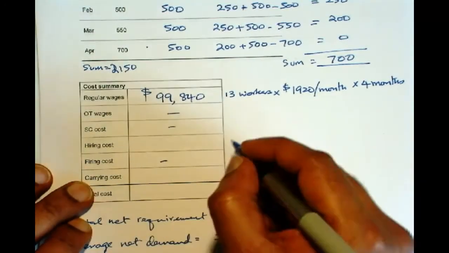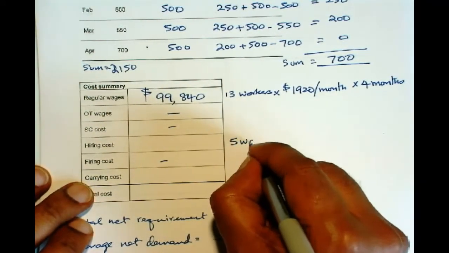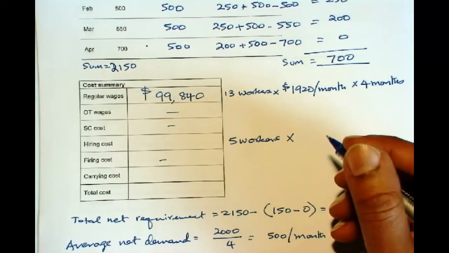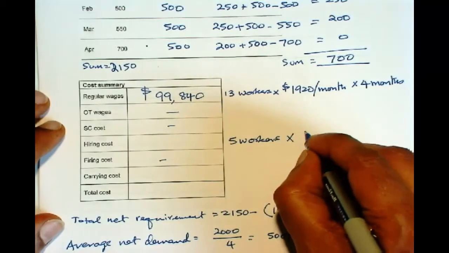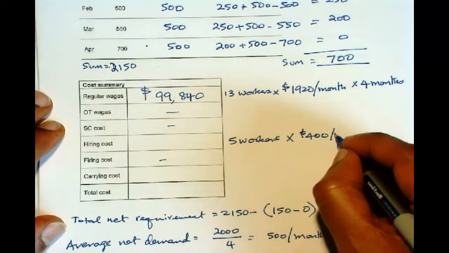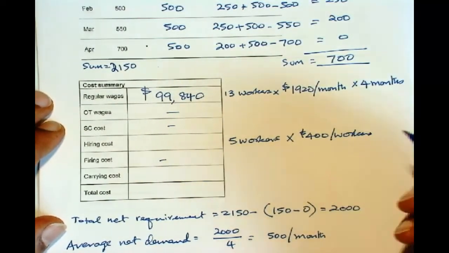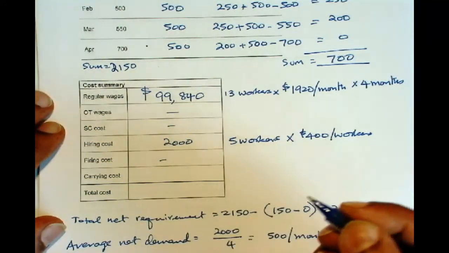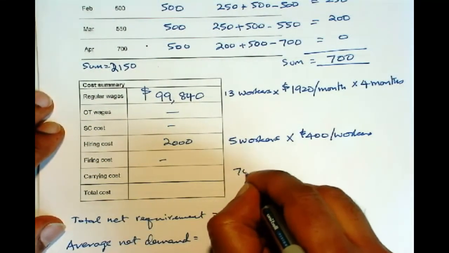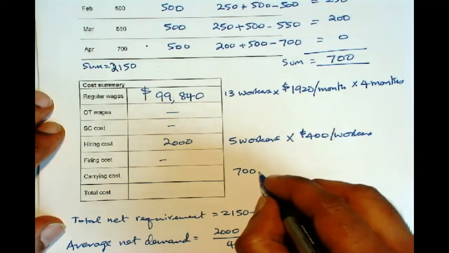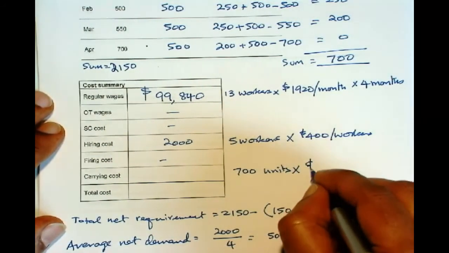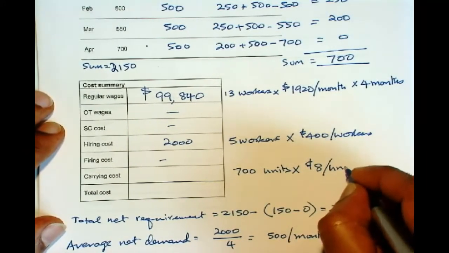5 workers hired and times $400 per worker, and you get 2,000. And then carrying cost is 700 units total times $8 per unit per month.